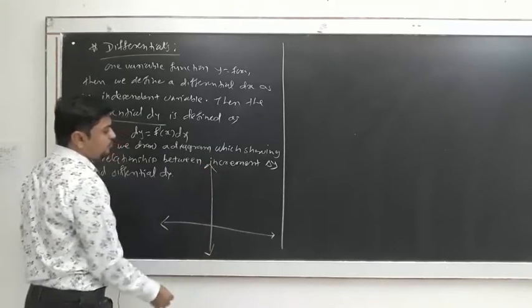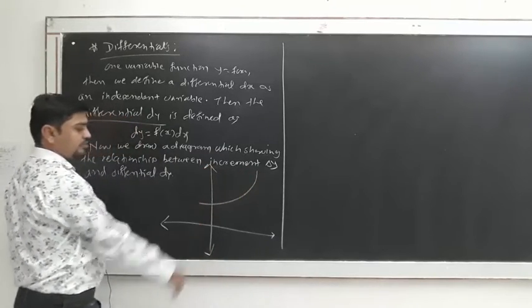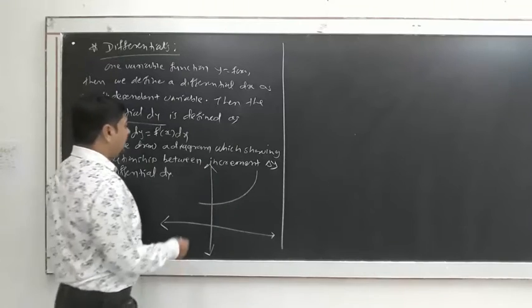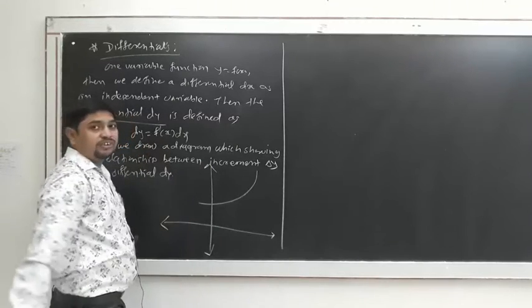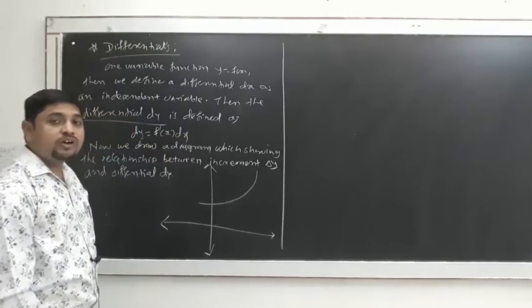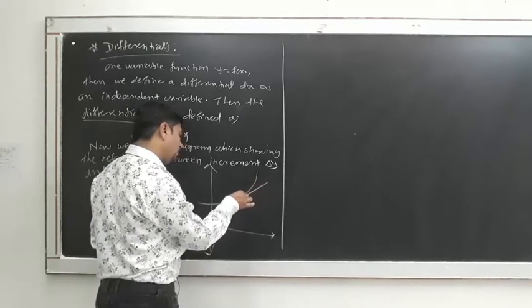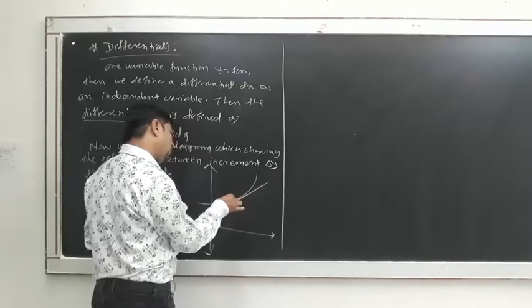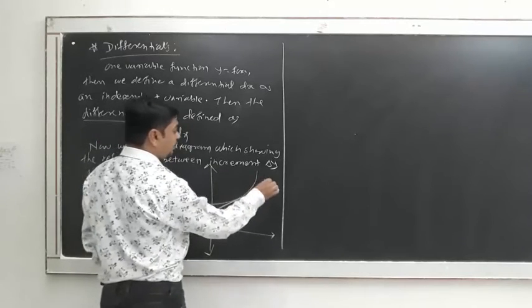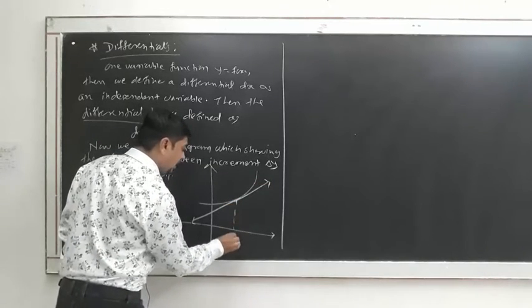Suppose we have a curve like this, and we are taking the derivative, that is f dash of a. It is the slope of the tangent. That means you have to draw the tangent at a specific point. Suppose this is our a.